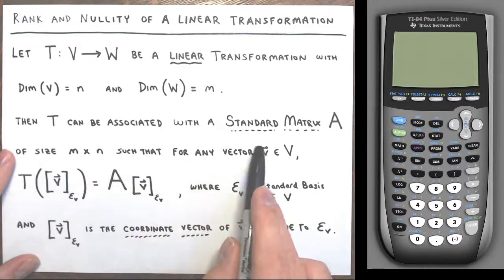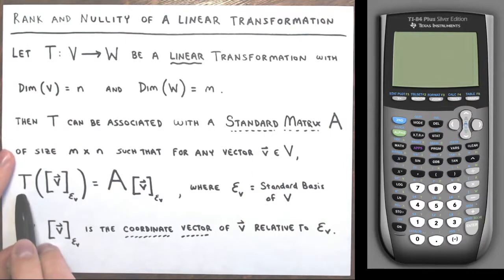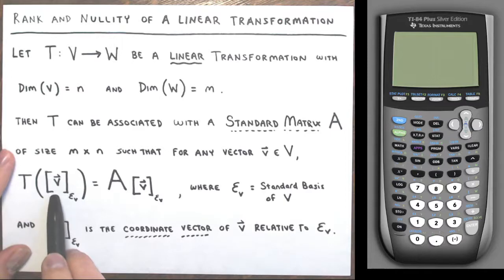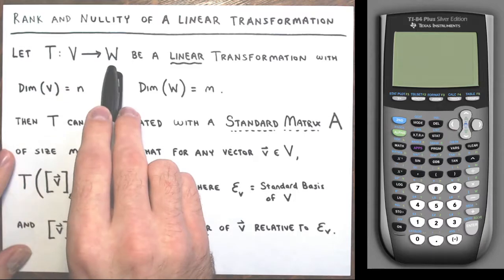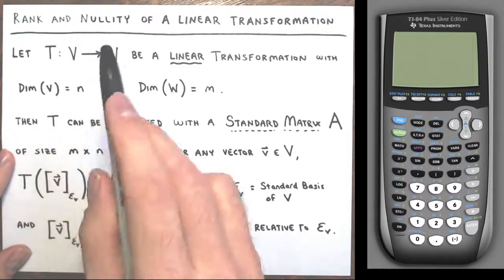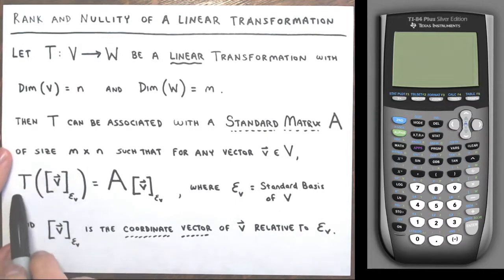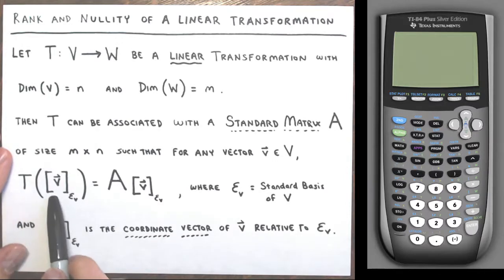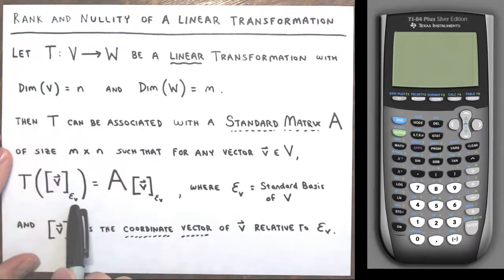Such that for any vector v in the domain V, if I apply this transformation, remember when we deal with standard matrices, if the vector spaces are not Euclidean, meaning they're not R2, R3, R4, etc., then we work with the coordinates of vectors relative to standard bases for these spaces. So T applied to the coordinate vector of v with respect to E_V, the standard basis for V, the standard basis for the domain.